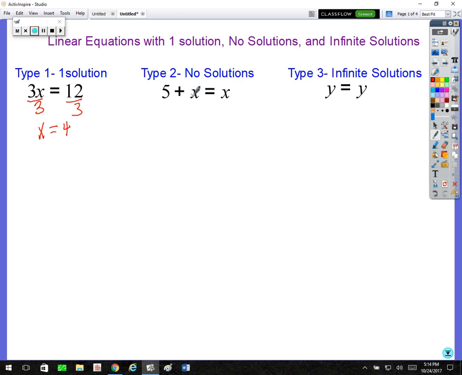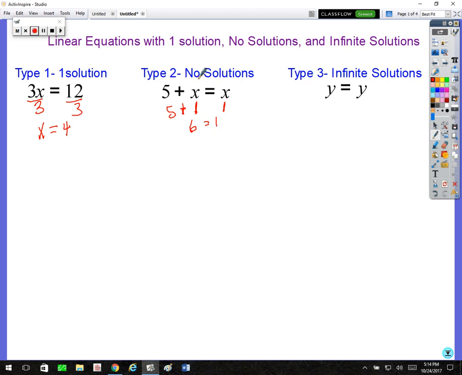Well, it doesn't really matter what number I plug in for x. If I add 5 to it, it will never equal x on this side. So if I plug in a 1 here, and a 1 here, if I add 5 plus 1, 6 will never equal 1. So that's what you're going to have.